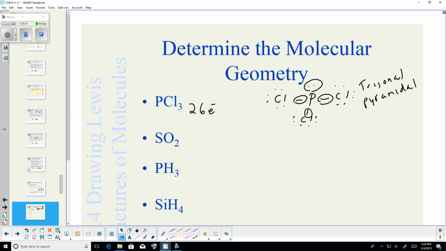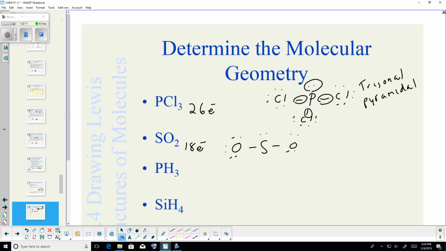SO2, how many valence electrons? Quick. We did that one. 18. 18 electrons. So there's all 18. Is that right? No, because the S only has 6. So I got to borrow.